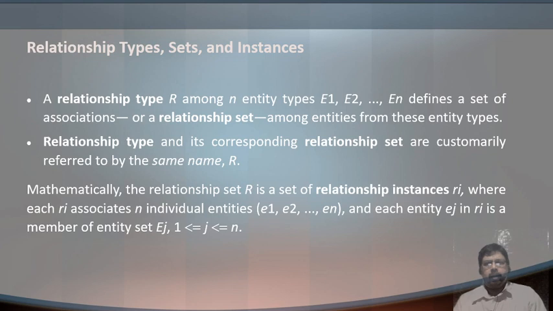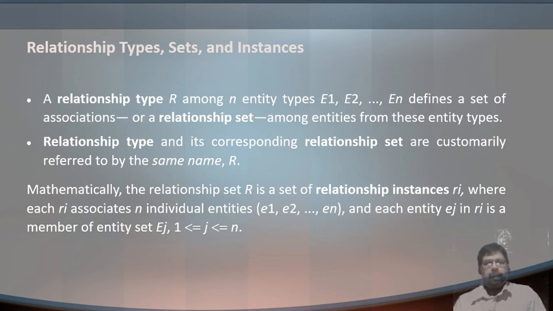Now these define a set of associations, and those are called relationship sets. So the relationship sets may be works on, works for, correct? Works for project means if a certain employee is working on a certain project, he gets a relationship as works on, and if a certain employee is working for a department, he gets a relationship as works for.